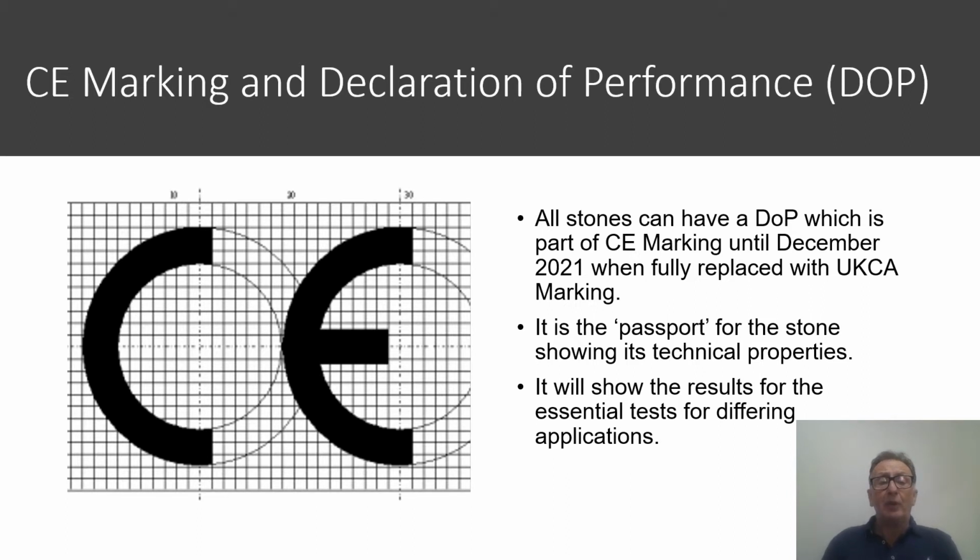Largely, this will be almost the same as CE marking, just with a different change in title. And in both situations, the information provided is a passport for the stone to be used, showing its technical properties. It is, however, not a fitness for purpose statement, and it's important that the information presented in a declaration of performance is understood and interpreted.